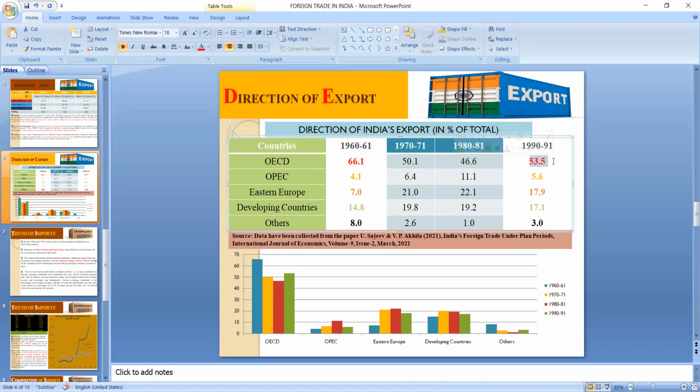Prior to our independence, the UK used to hold the first position in our foreign trade. The UK is included under OECD. But due to the various trade agreements, the share of developing countries has improved. You just look into the share of developing countries over the years, you will find that the share had improved. It was 14.8%, but in 1991, it is 17.1%.